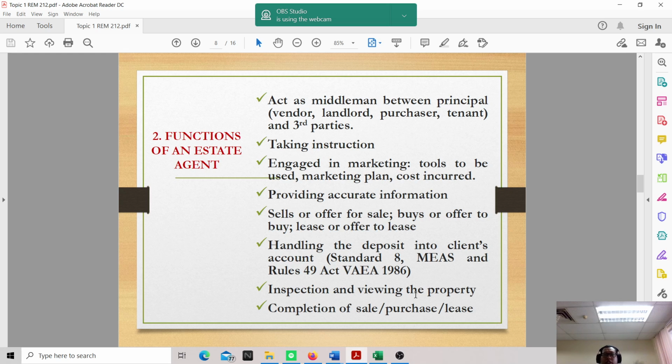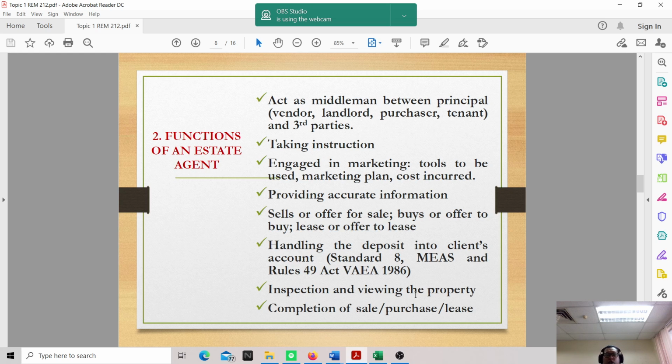Like you post on social media, you post on mudah.my, you put a banner on the property. There is also the cost of repairing a little bit of the property to make it presentable for potential buyers. So this is essentially what you have to do. Provide accurate information, of course.